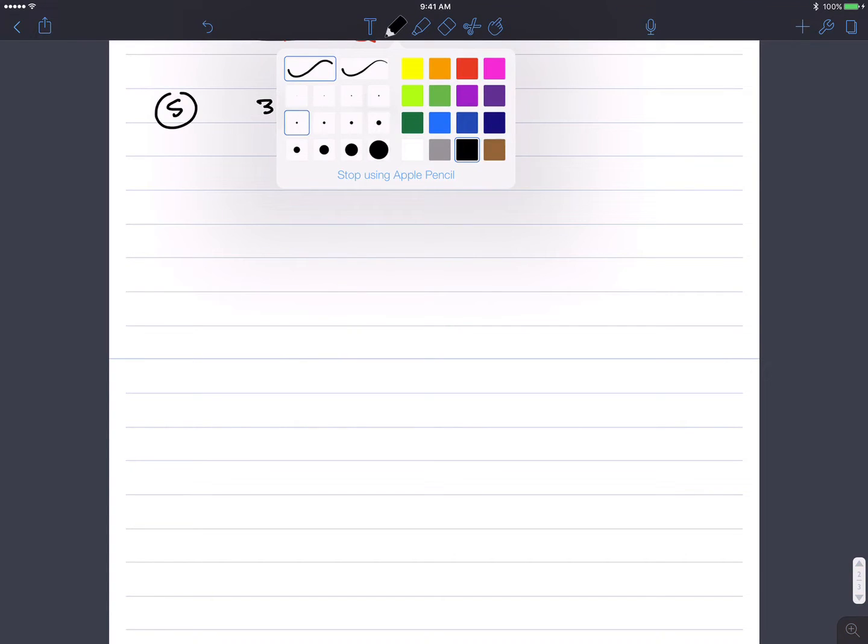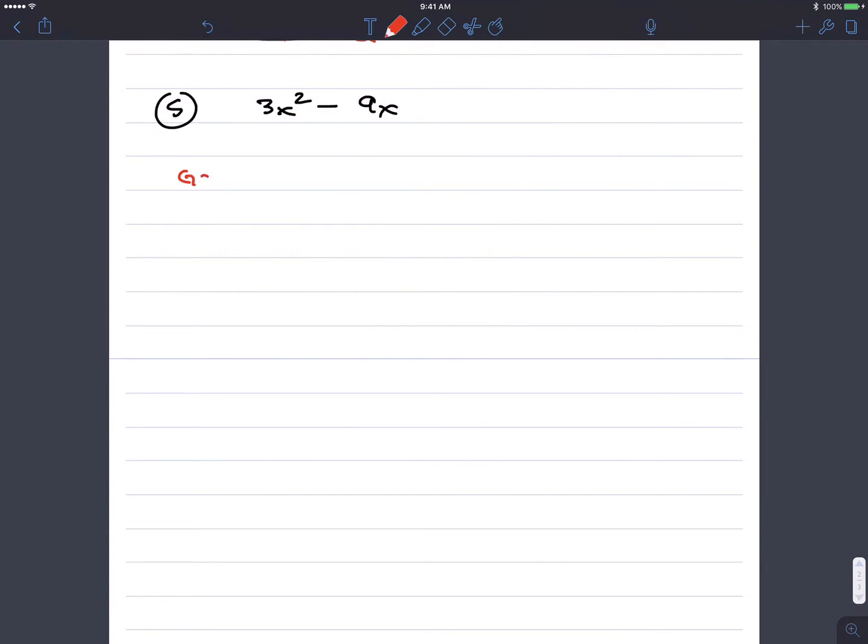So we look at number 5. We're going to have to do it for all of these. We get 3x squared minus 9x. Okay, first step again, GCF. You guys know what the GCF of 3x squared and 9x is?